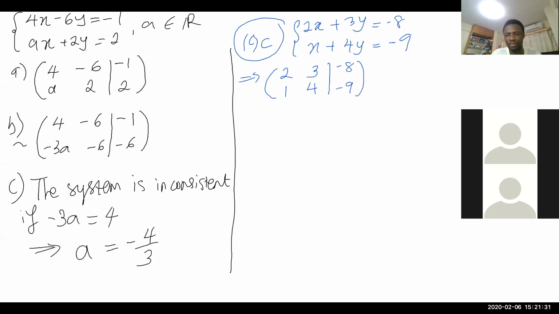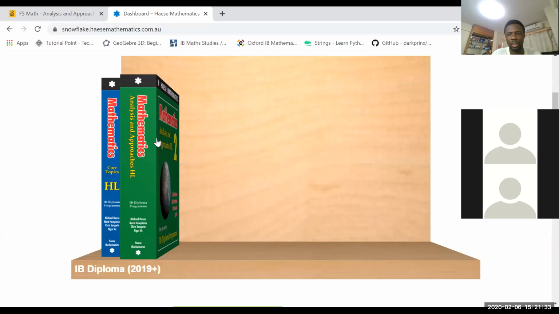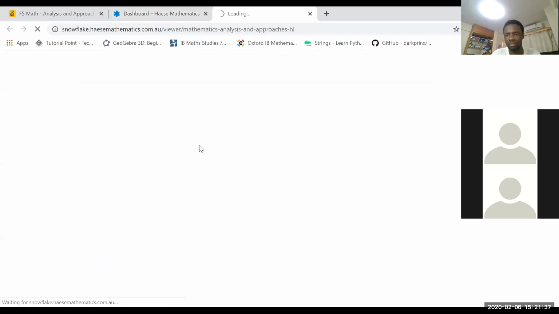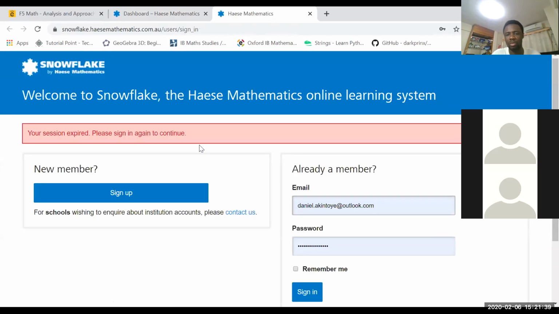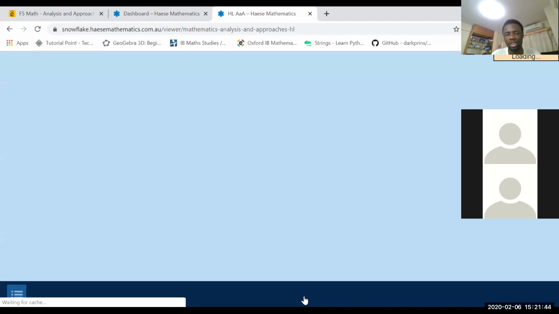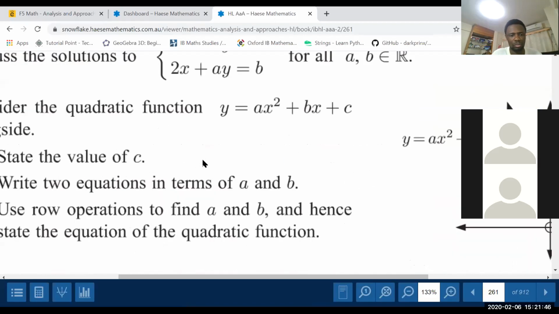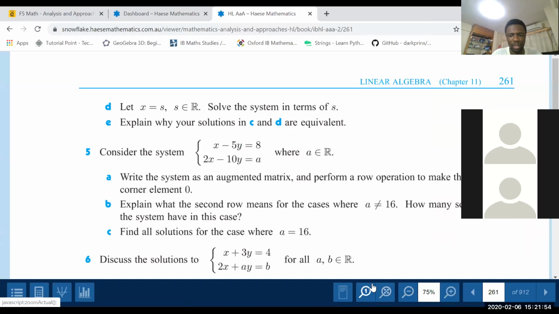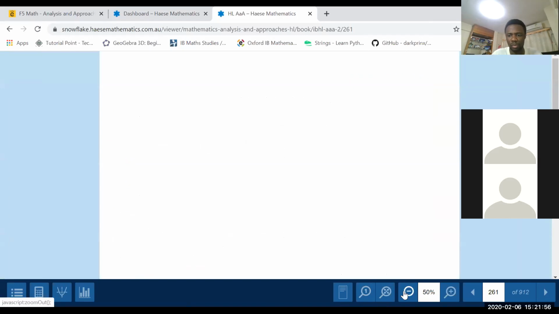Swap, yeah, of course. So you can either interchange rows, you can multiply a row by a non-zero number, and you can add a multiple of a row to another. I hope you guys remember this from before.